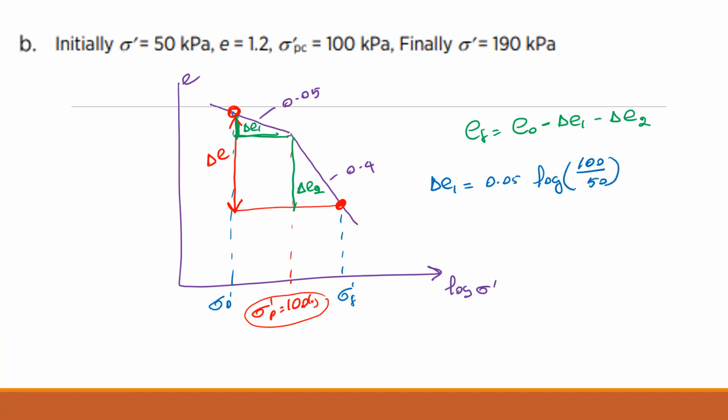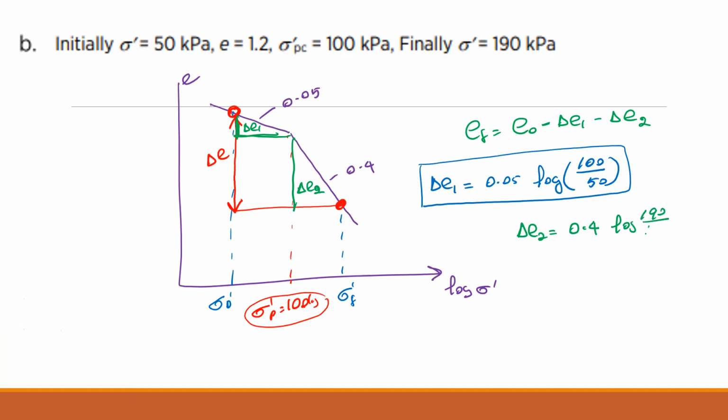Is that right? And delta e2 is what? It's the Cc value, yes, 0.4 log. Then this one will be 190 divided by 100. Find these two and then subtract those two from the 1.2.